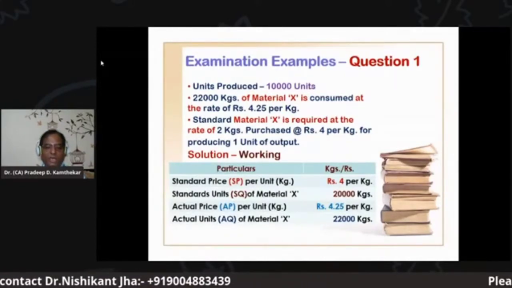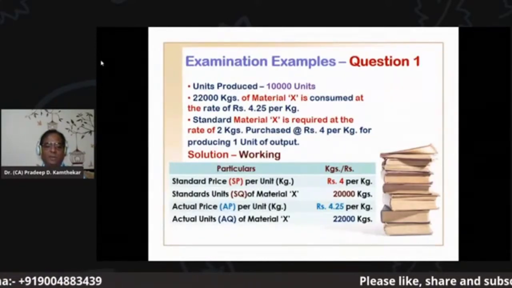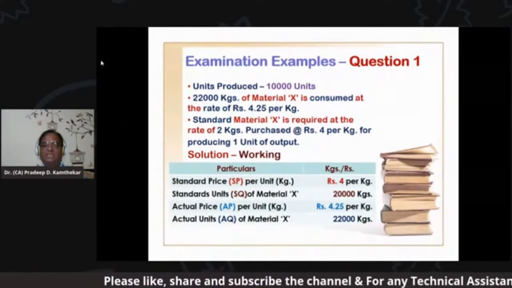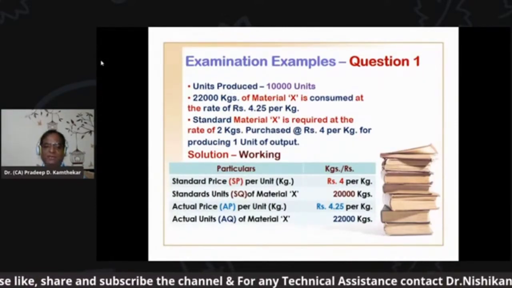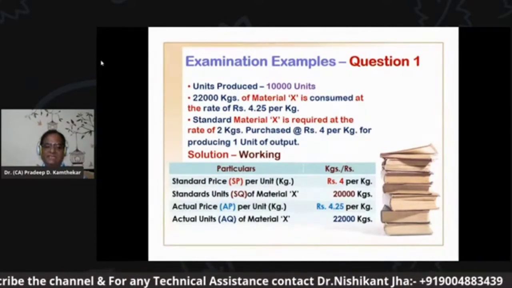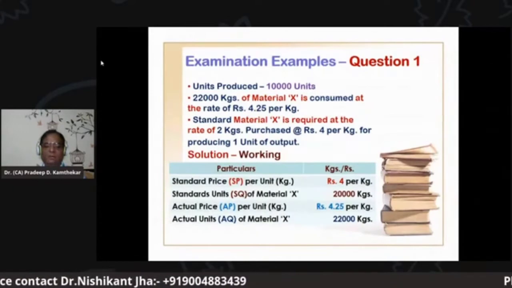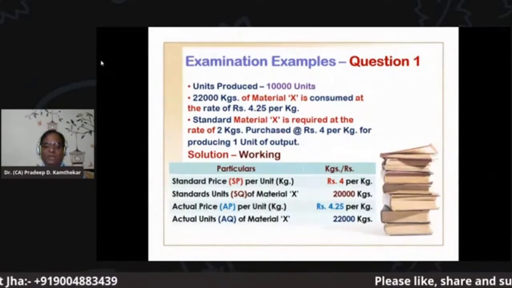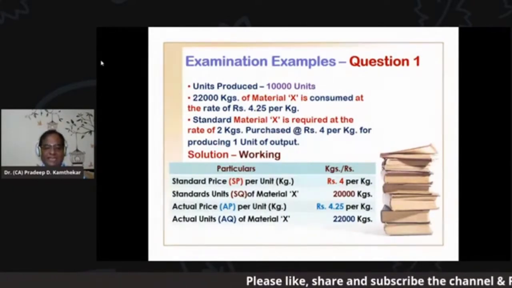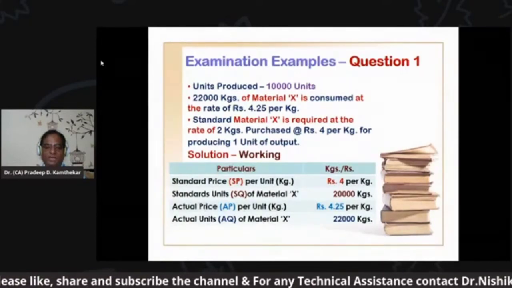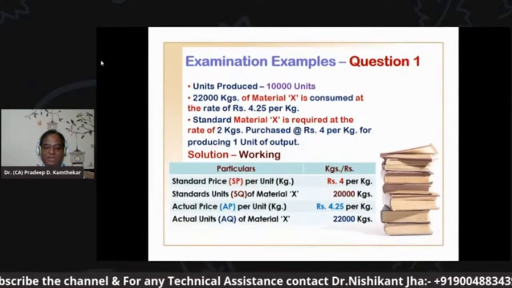If for 1 unit of output, 2 kilograms of material X is required, then for 10,000 units produced, it has to be 10,000 into 2. That is the reason why, see in the second line in the following table, standard quantity of material X is 20,000 kilograms. Now standard price is given as 4 rupees per kilogram, so that we have copied. So that is standard price, standard quantity.